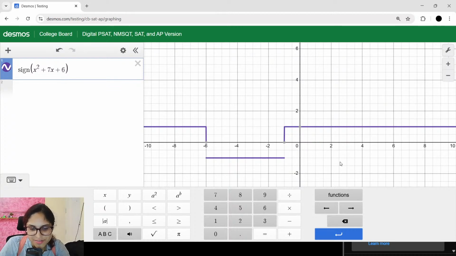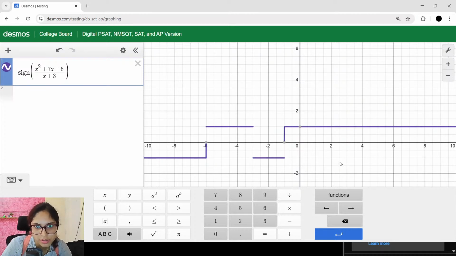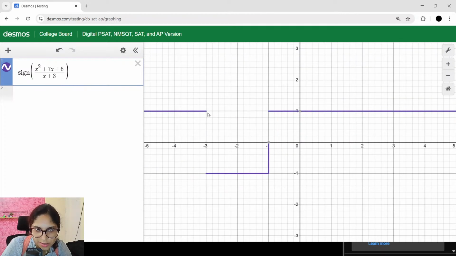All right. So this is very useful for AP pre-calc students or even AP calculus students if you're dealing with polynomial or rational inequalities. For example, if I write a rational function, you can see it's like this. From negative 6 to negative 3 it's positive, negative 3 to negative 1 it's negative, and from negative 1 onwards it's positive again.